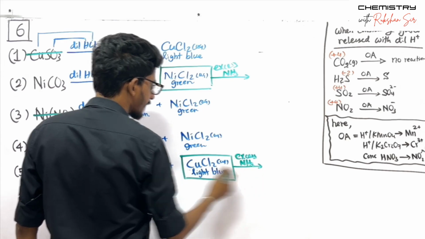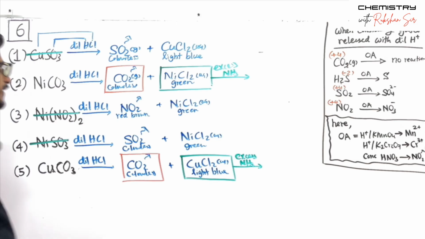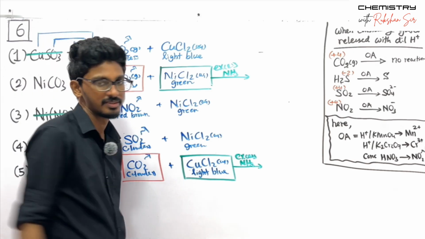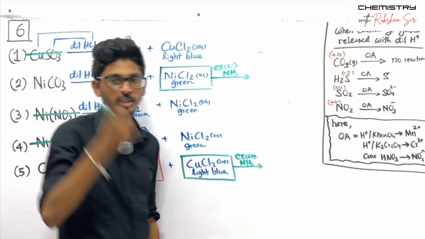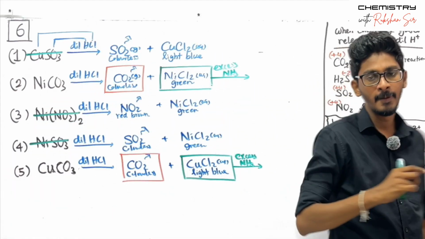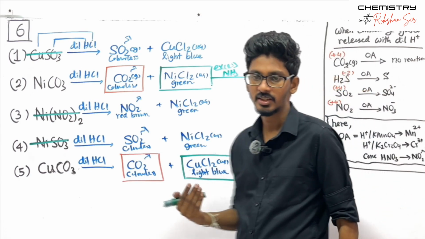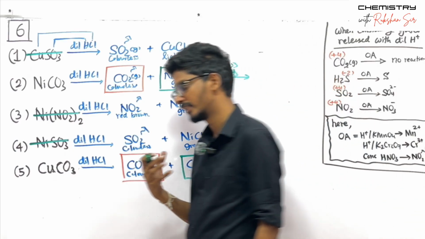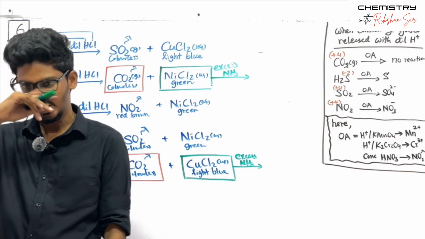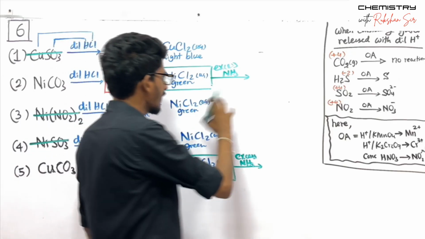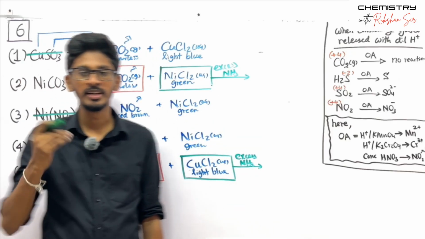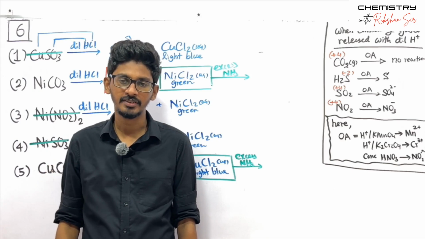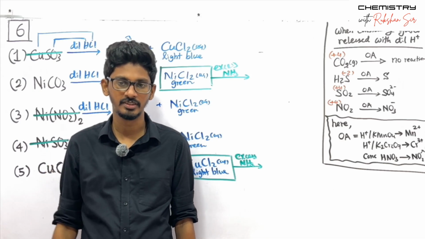If you are a d7 to d10 cation, excess ammonia will convert you to the amine complex. If you are not a d7 to d10 cation, then you will form the hydroxide precipitate if you are capable of forming those precipitates. If you are a d7 to d10 cation, your hydroxide precipitate will dissolve and form the amine complex. But if you are not a d7 to d10 cation, and if you are capable of producing hydroxide precipitates, you will remain as the hydroxide precipitate. This is what happens with the excess ammonia, right?